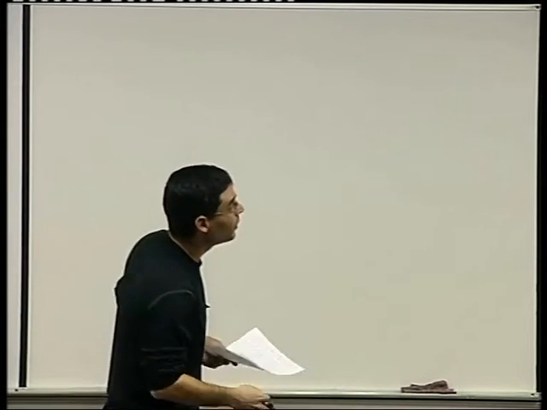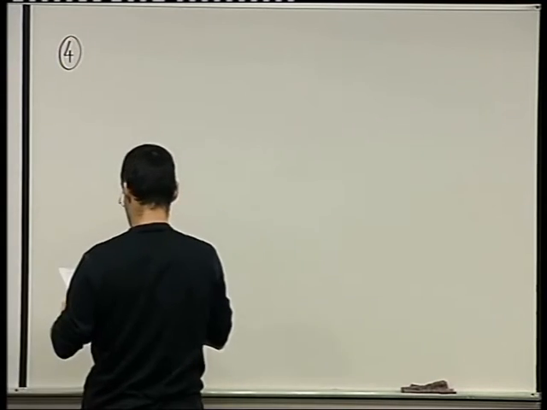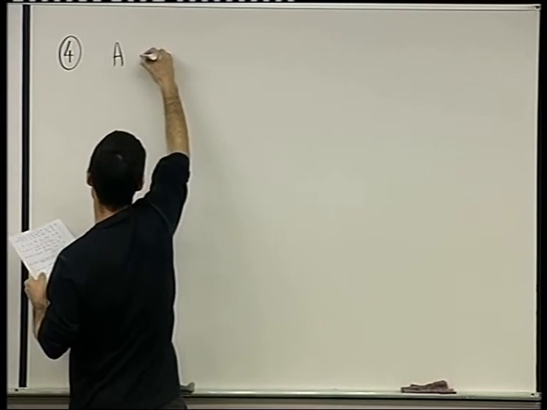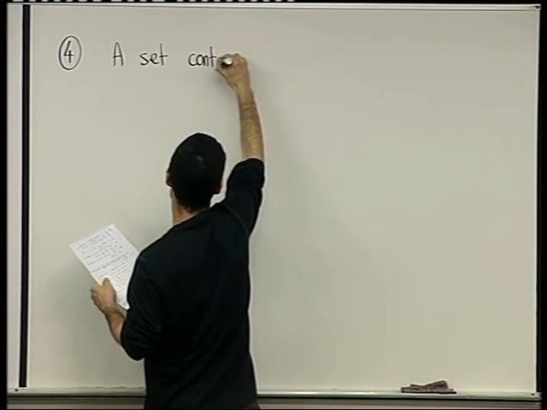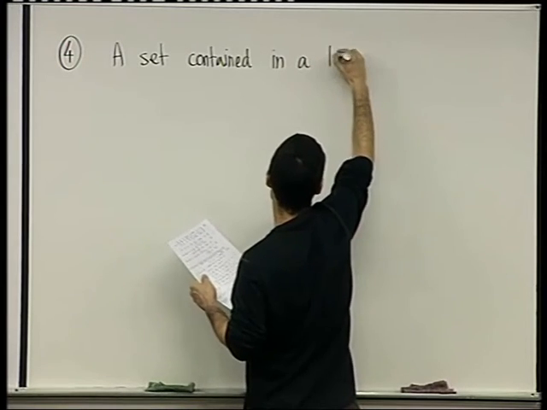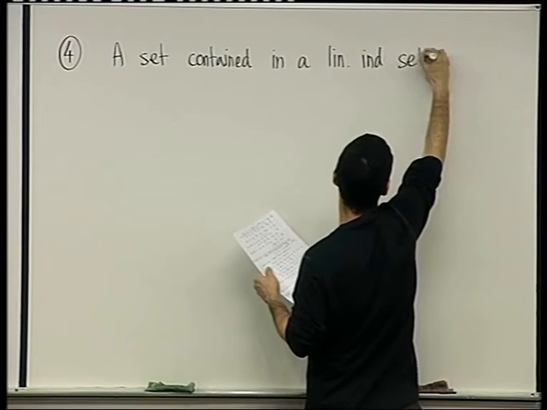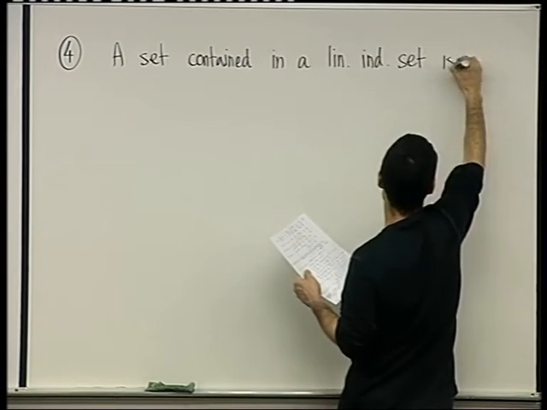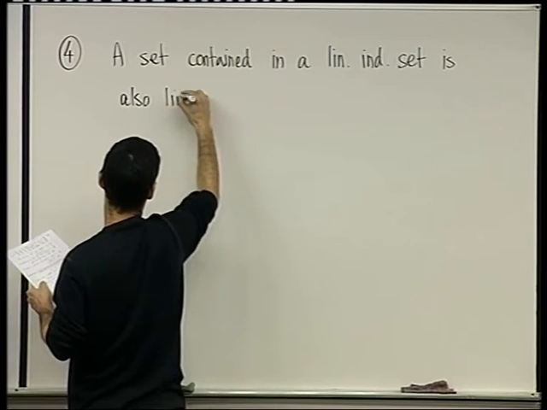Okay, number 4. A set contained in a linearly independent set is also linearly independent.